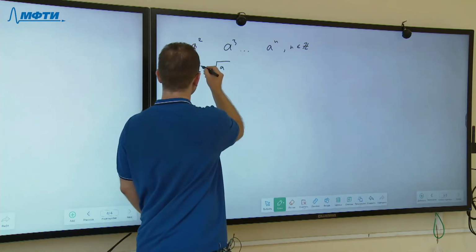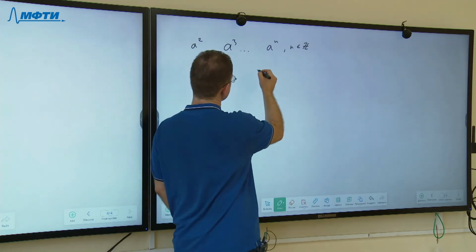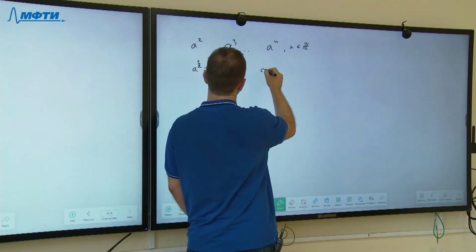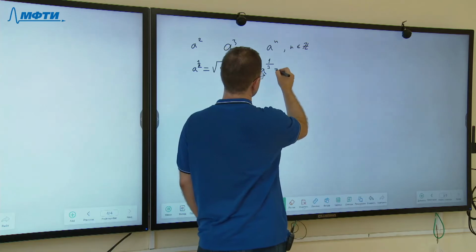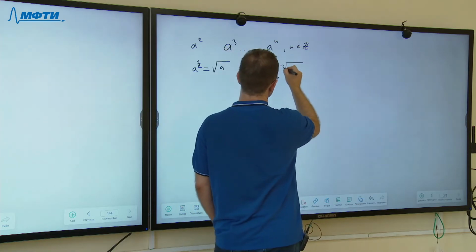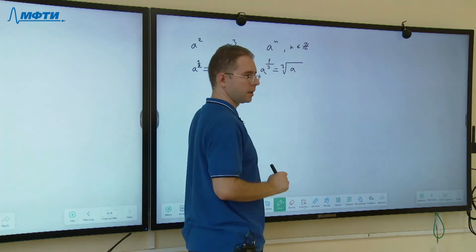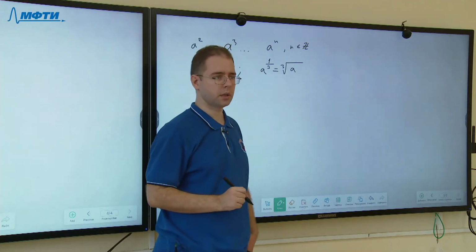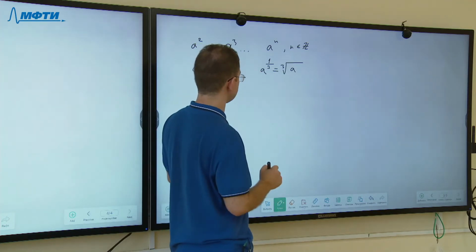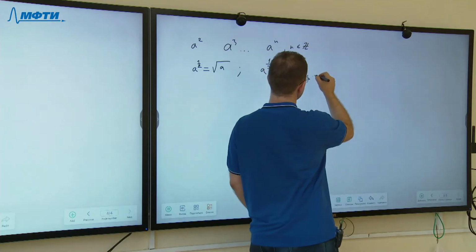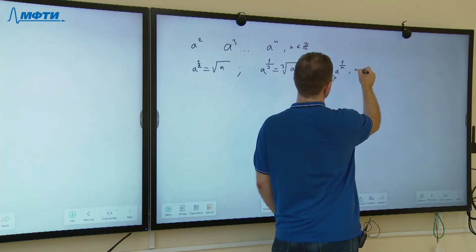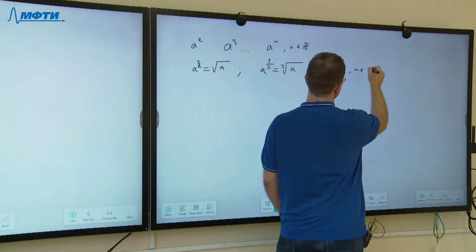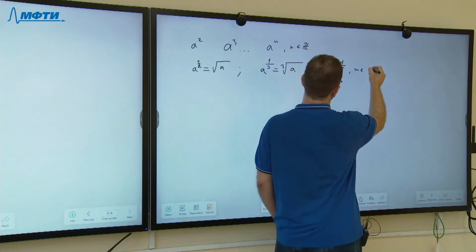We also understand how to raise it to power 1/3. This is the cubic root. This is the solution of the equation x cubed equals a. And so on. We can raise a to power 1/n, where n is, let's call it n.